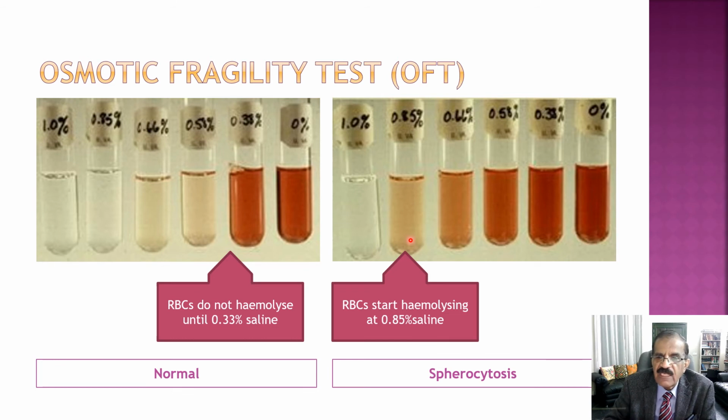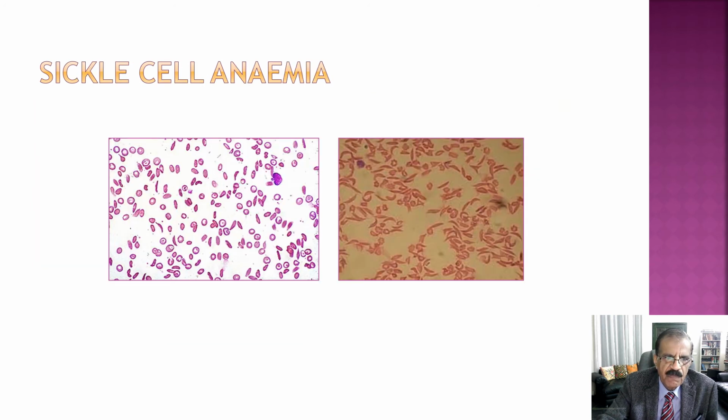Because these cells are already full of hemoglobin, they do not have an extra cell membrane, and once in hypotonic states, when some water enters, these cells cannot hold this extra water and they rupture. So this is the principle of the osmotic fragility test. Osmotic fragility is increased in patients with spherocytosis.